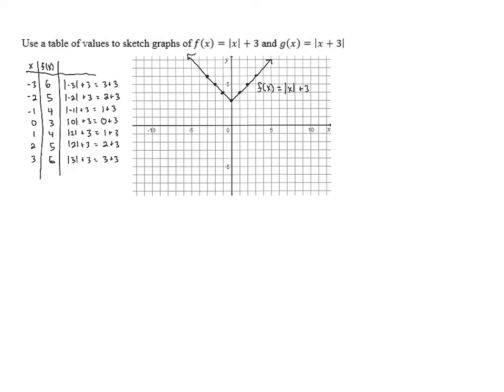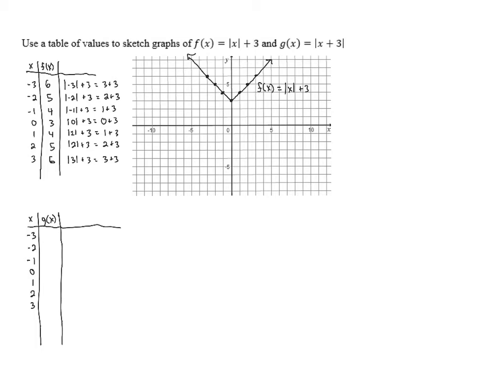Let's take a look now at g of x. We'll again make a table of values. I'm going to pick the same values for x, and we'll see what this gives us.